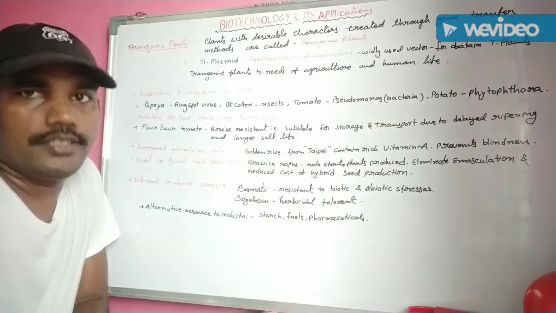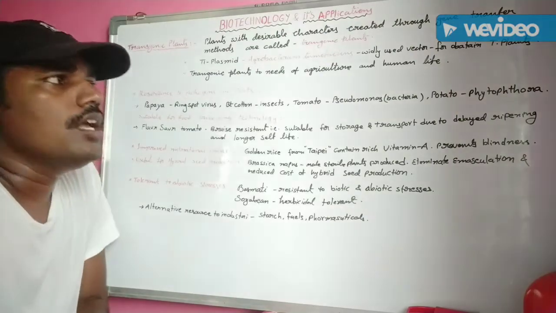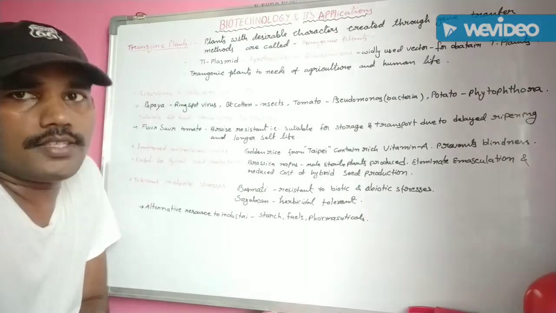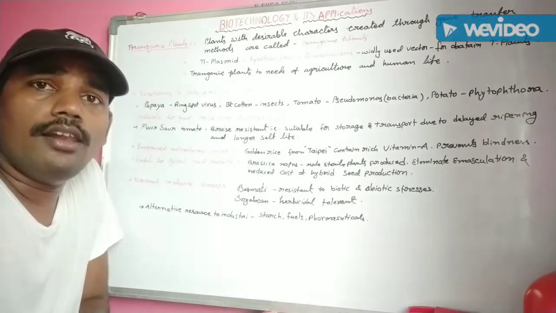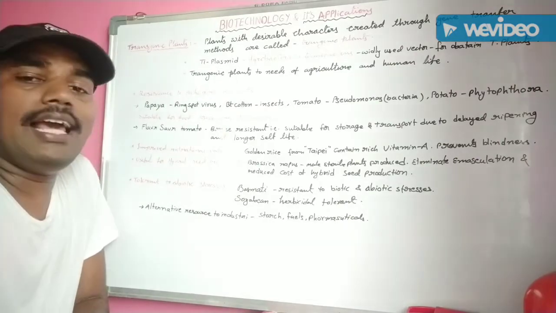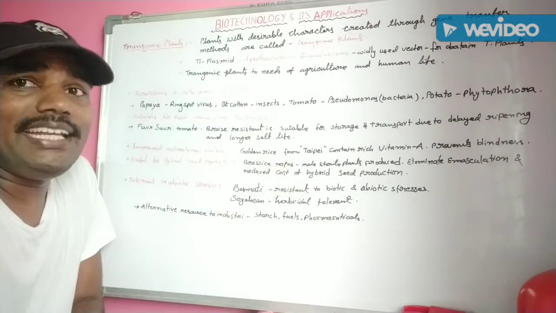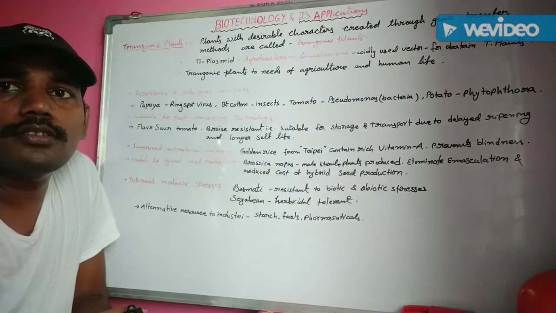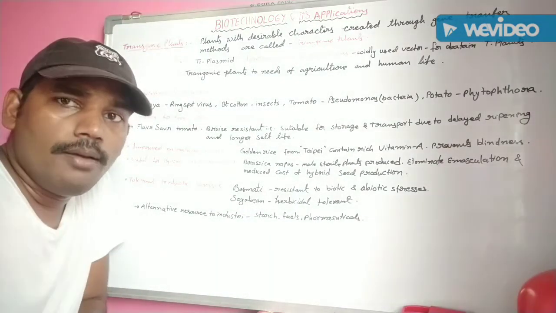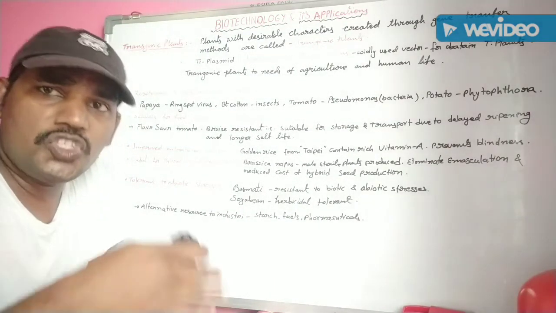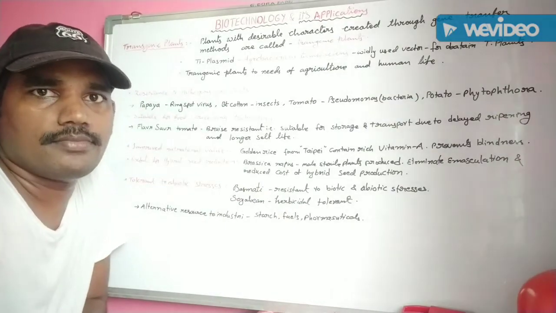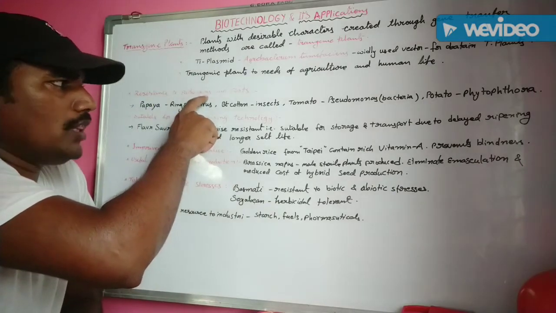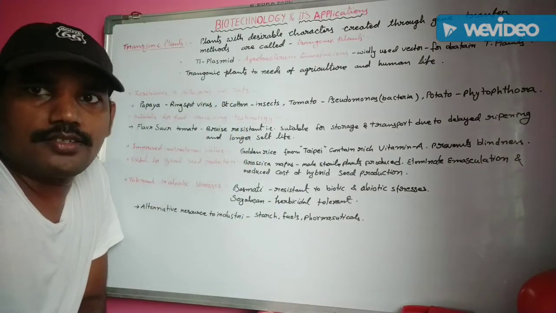Next, some potato plants are also resistant to fungal pathogens like Phytophthora, which cause diseases in potato, but transgenic potato plants are resistant to that type of disease. In this way, transgenic plants are resistant to pathogens and pests.